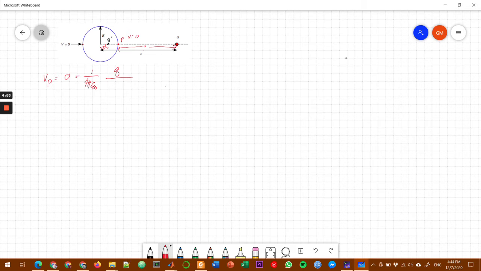So we can actually get that by subtracting lang the total S minus sa kani, which is just R. So S minus R, plus 1 over 4 pi epsilon naught Q prime over, ang Q prime pod is just kanya siya nga distance.